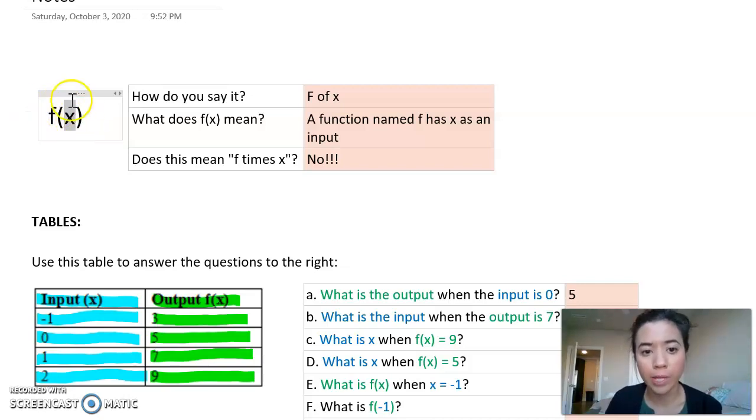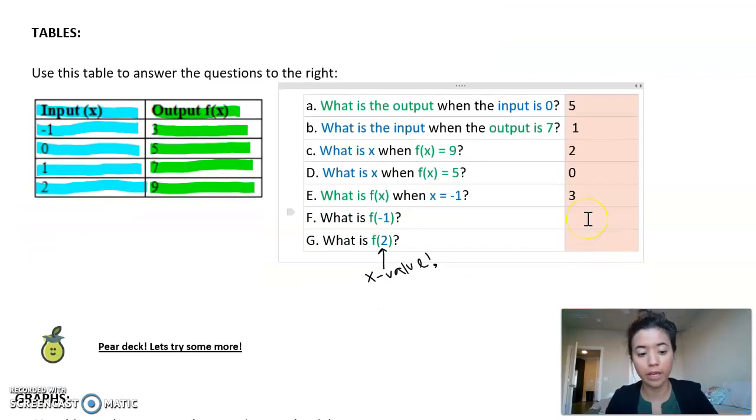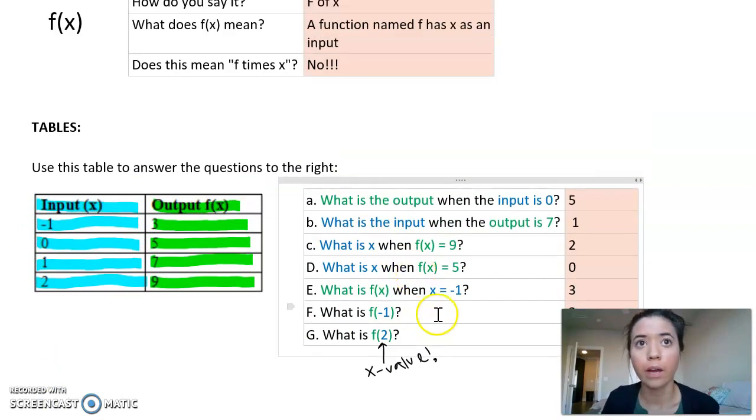So whatever is here in the parentheses is what we're supposed to input. So for here, this is my function f with an input of -1. So with an input of -1, my output was 3.